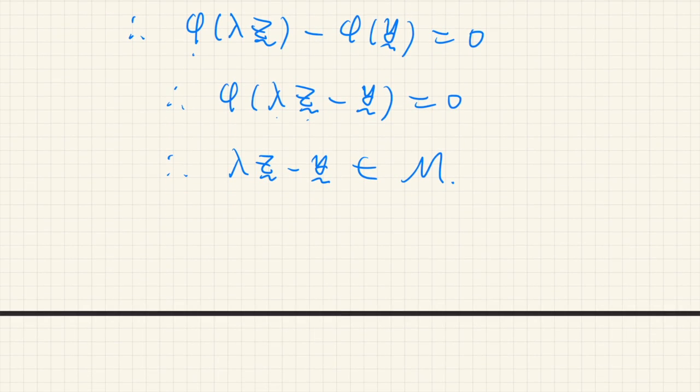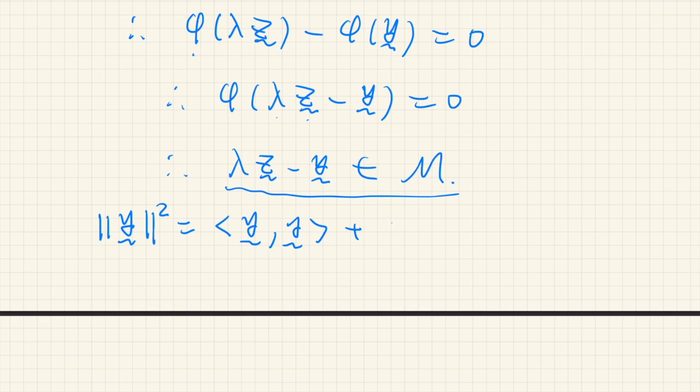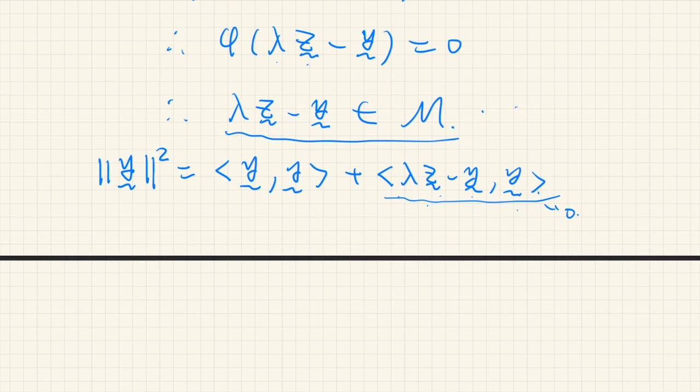Now let's calculate the norm of Y squared. And this is, of course, the inner product between Y and Y. But to this, we can also add the inner product between lambda Z minus Y and Y, because lambda Z minus Y is in M and Y is in M complement, so they are orthogonal to each other. So this inner product is actually equal to 0. That's why we can do this.